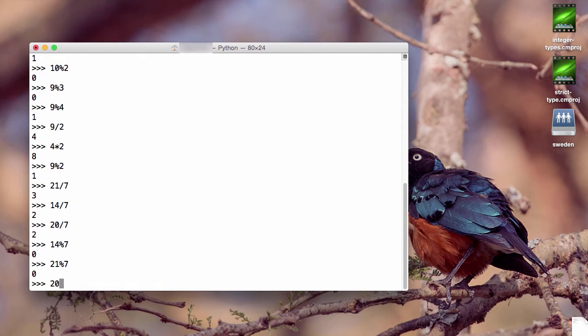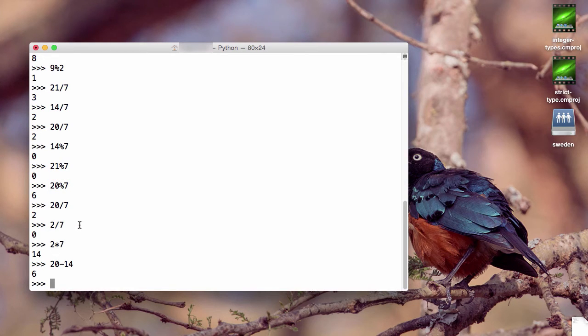If we do 20 % sign 7, we get 6. 20 divided by 7 is 2, and 2 times 7 is 14, and 20 minus 14 is 6. So this percent sign finds the remainder of this value divided by that value.